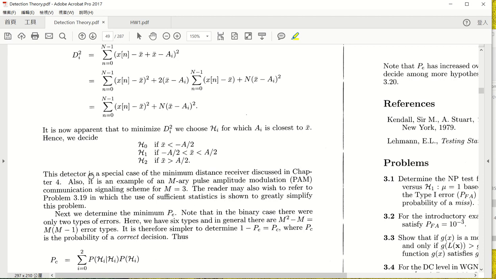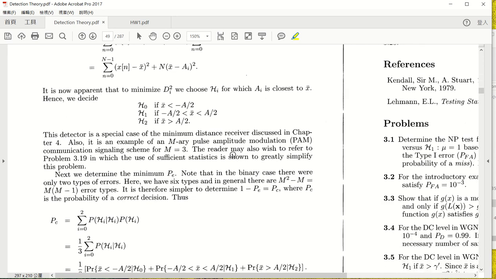So this detector is a special case of the minimum distance receiver. Also, it is an example of an M-PAM communication signaling scheme for M equal to 3.